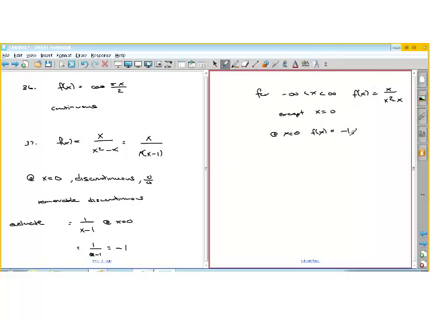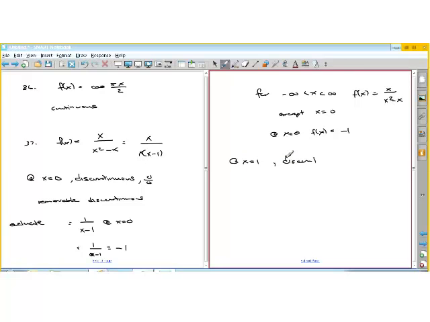So this function, without this additional comment, has a discontinuity. But by putting in a value of the function which is equal to the limit of this function as x approaches 0, that removes the discontinuity. So that's the first discontinuity. The second discontinuity is at x equals 1.